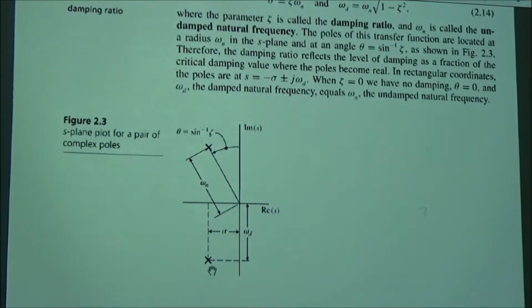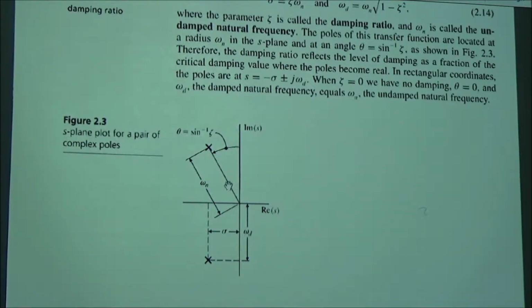This is sigma, the real part of the pole, this complex conjugate pole. The distance from the pole to the origin is the natural frequency, which means if you draw circles around the origin, you will have constant natural frequency.